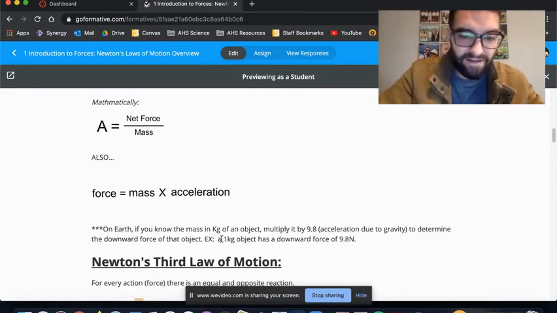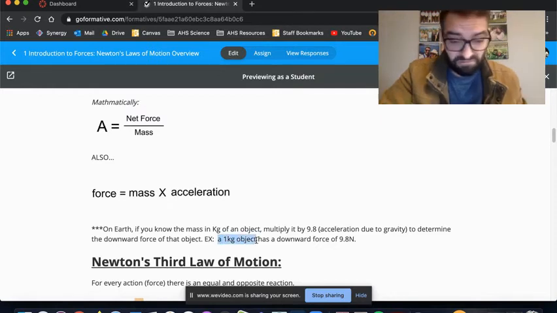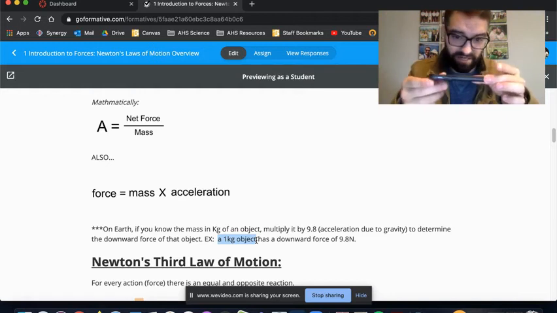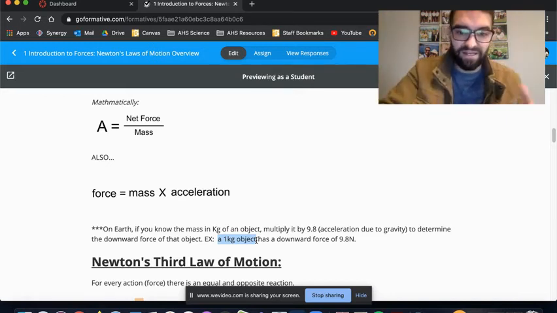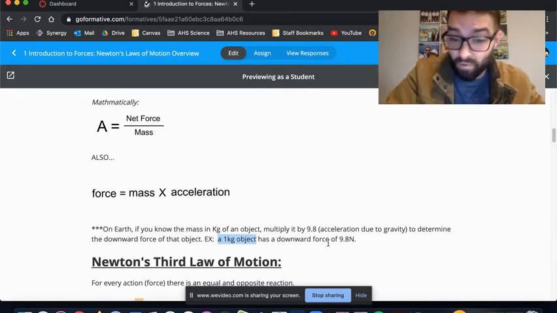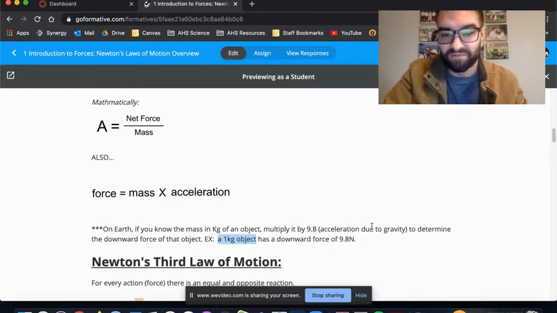So if you have a 1 kilogram object, okay, which might be something like a cell phone, it is going to have a downward force. So again, we're not talking about newtons, we're not talking about weight, but a downward force of 9.8 newtons. So now we can talk about the similar scenario in terms of force by knowing the mass and the acceleration.